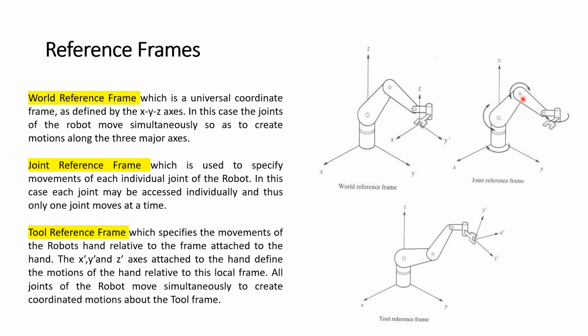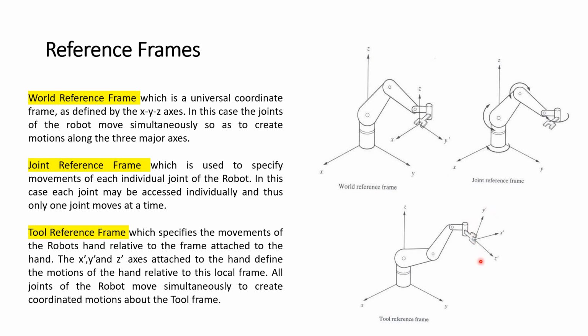So we will define the motions at a specific joint, and then we have a tool reference frame, so that specifies the movement of the robot hand relative to the frame attached to the hand. So that is the end effector or wrist assembly, because this is kind of a main assembly to which we will have the actuators, we will have the pick and place arrangements, and the different arrangements, right?